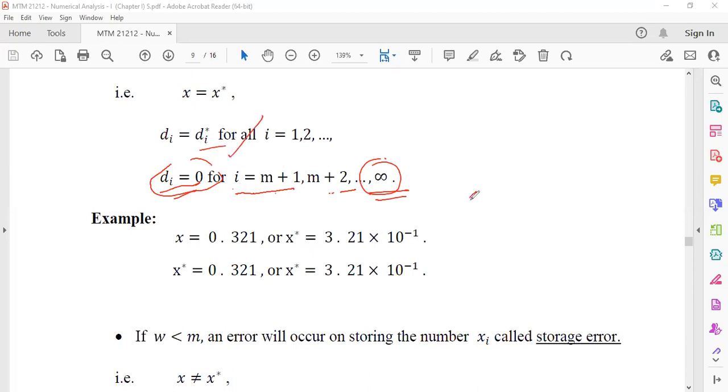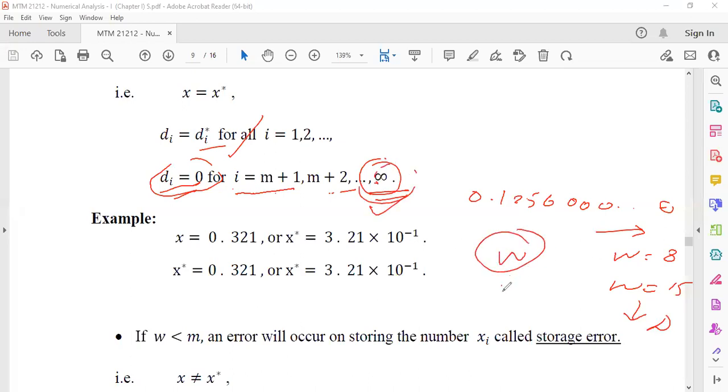So likewise I put 1, 2, 5, 6, 0, 0, 0, 0, it goes on. Up to how many? w may be 8, w may be 15, w any number. That's why they put infinity. Whatever the value of w, all the other elements are 0. That is what it means.